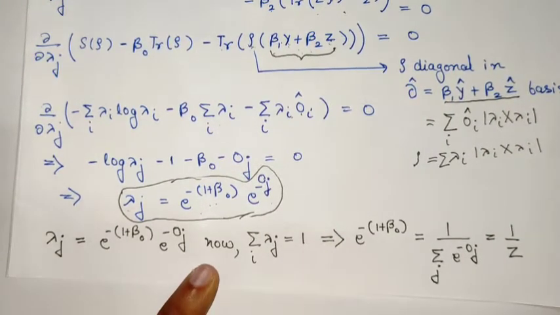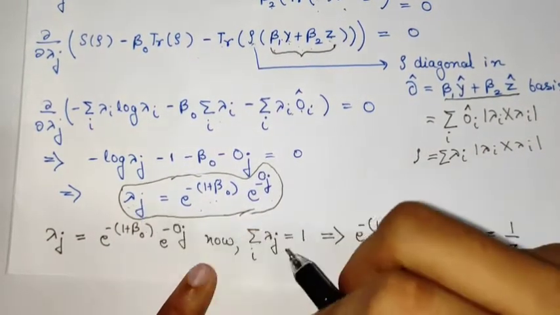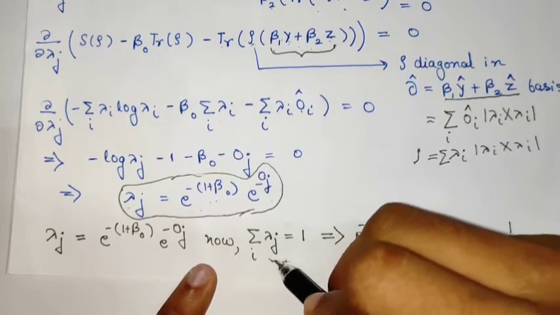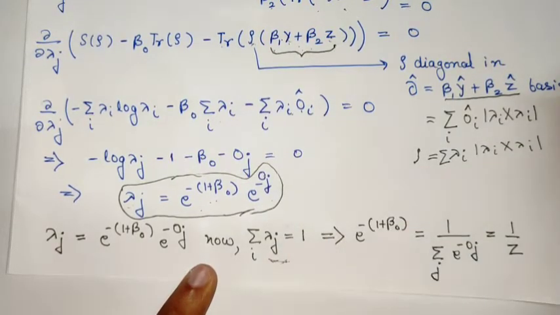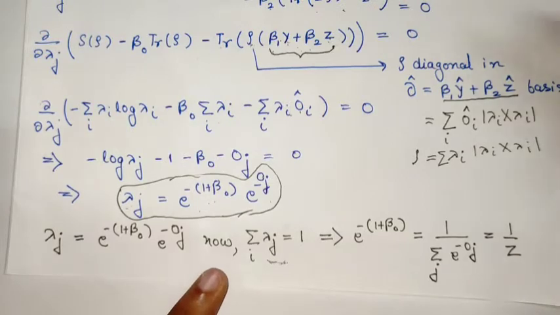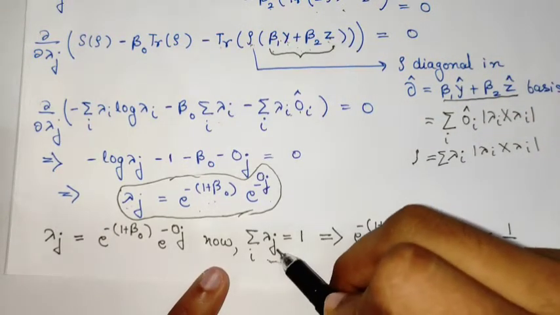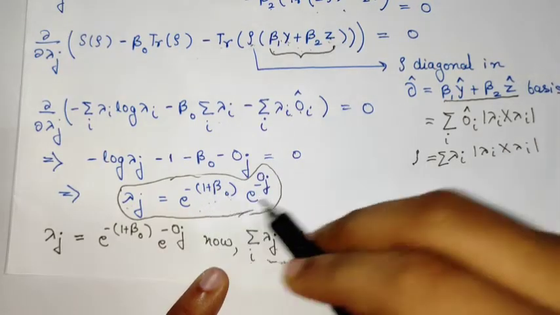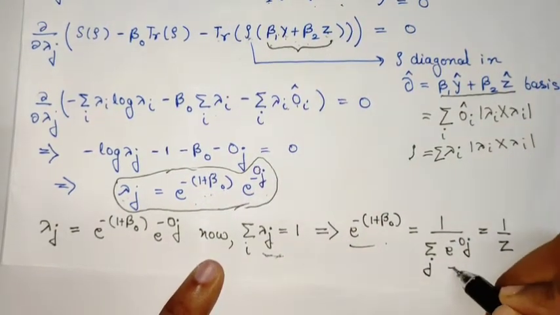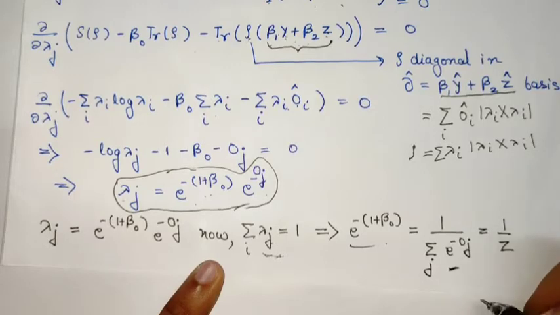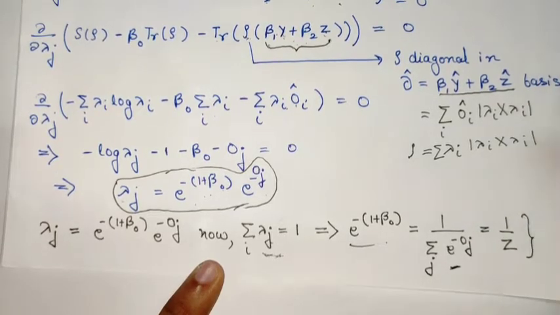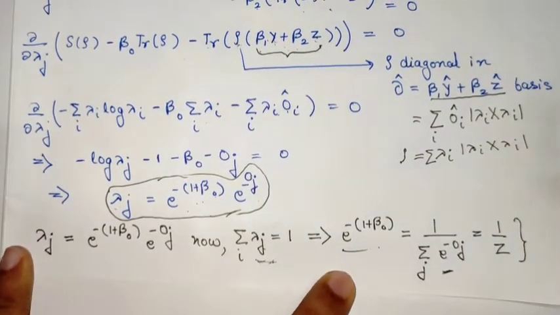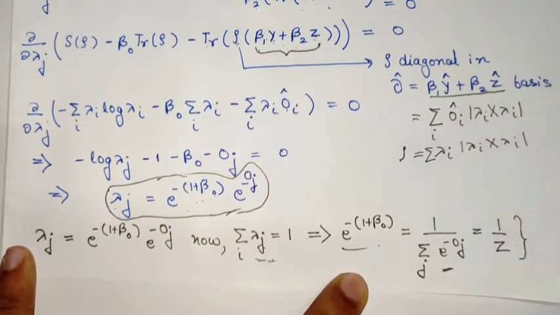These lambda j's must satisfy the summation over i equal to 1, because the trace of rho is 1 and the trace is basis invariant. That essentially says that e to the power of minus 1 plus beta 0, that is this part, is 1 over the summation over j of e to the power oj. And this is what we call 1 by Z. Already we are getting the notion of the partition function coming out.